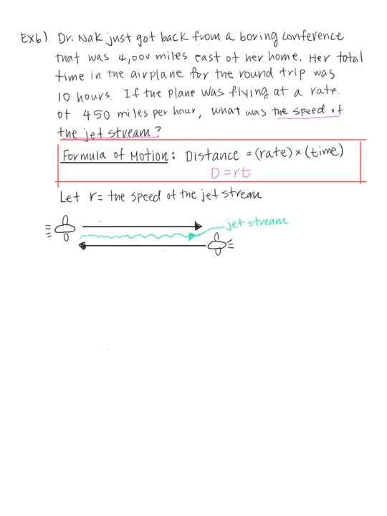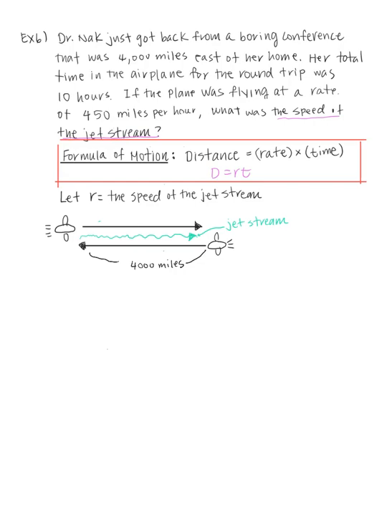So let's just fill in what we're given here. Now, the total distance was how many miles? 4,000 miles. Okay, so from here to here, it's 4,000 miles. And what else are we given? My total time in the airplane for the round trip was 10 hours.